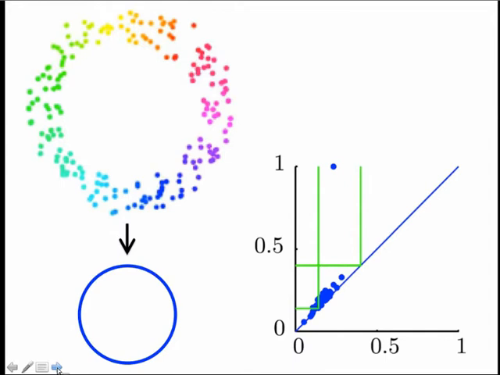So we have here some data points. We see all these data points right here. We want to create a map to a circle.